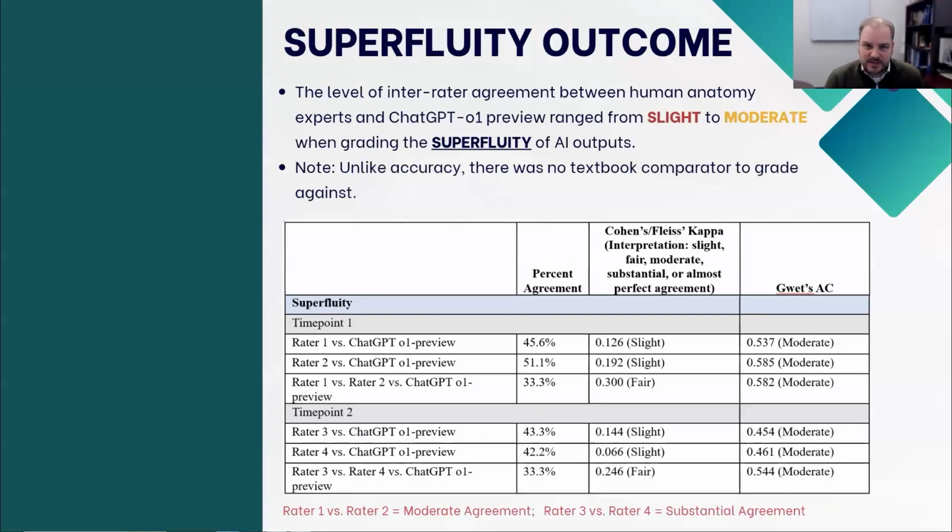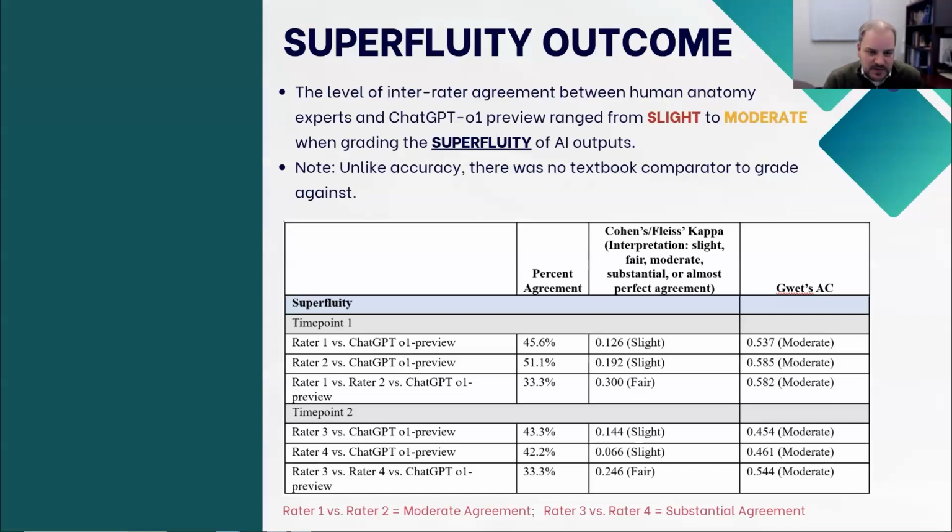When AI was asked to make judgments about how superfluous the returned answers were, it did not fare as well. Agreement in this example ranged from slight to moderate. And one explanation for this is that in this particular scenario, there was no textbook answer to grade against. So it does make sense that AI struggled a bit more with this task of scoring superfluity.